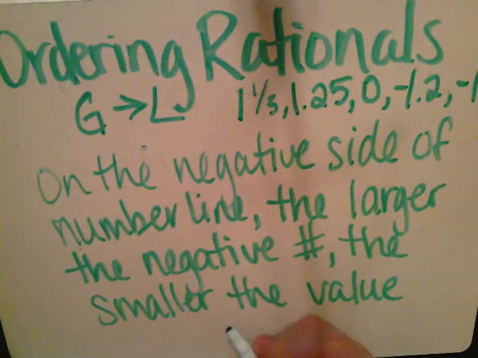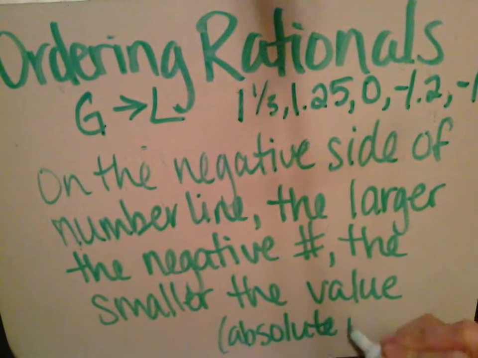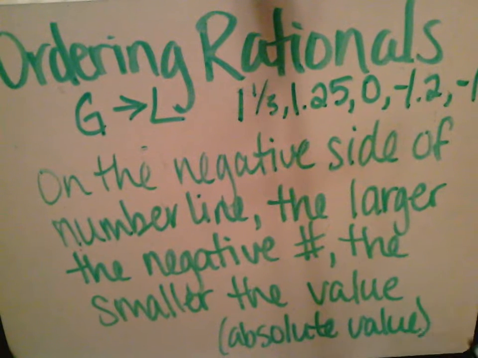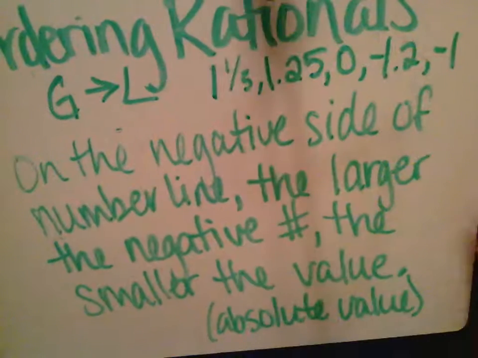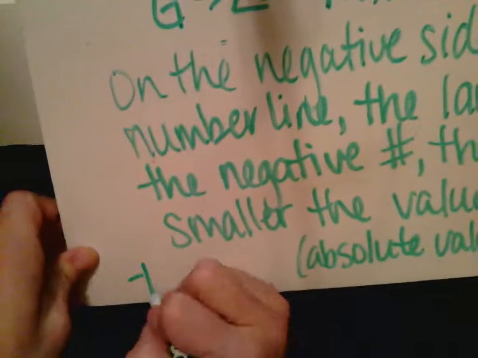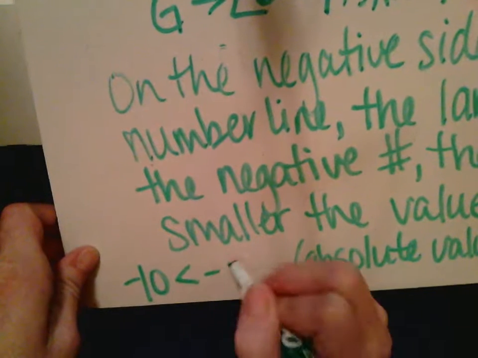And this is actually called the absolute value, but we'll talk about that later. Okay, so for example, negative 10 is less than negative 1.